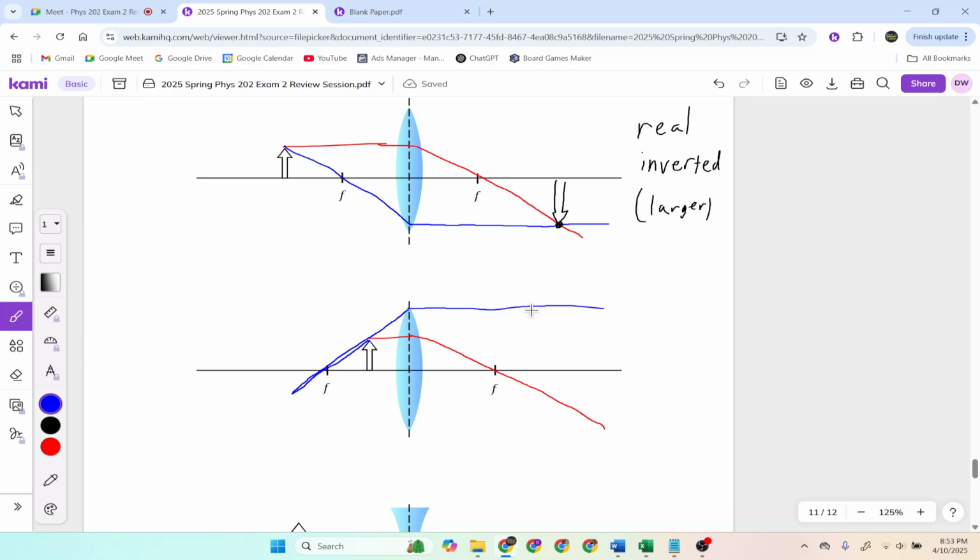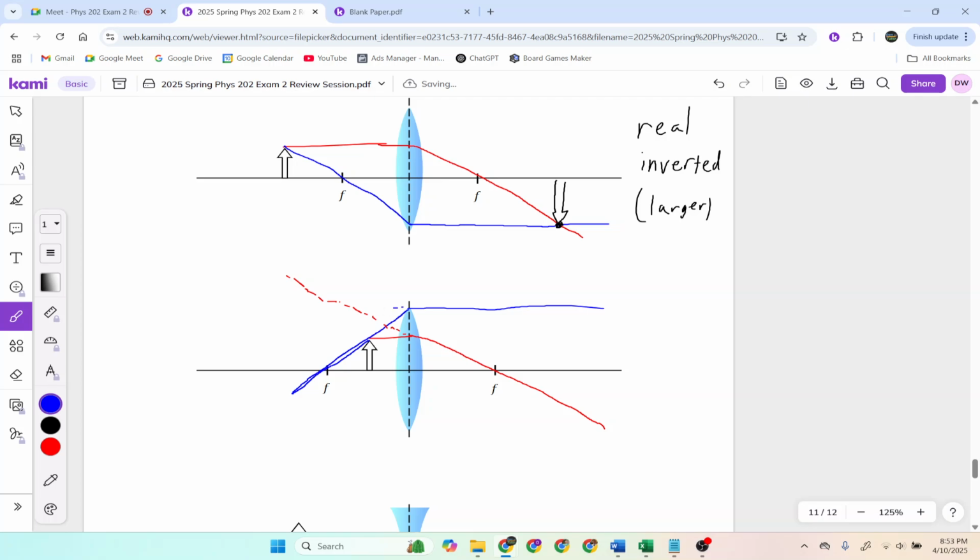But there's a problem. These lines will never intersect. Correct. That's what makes this a virtual image. So like I said with virtual images, you go backwards. So watch how I go backwards. First of all, dotted lines representing the virtual image.